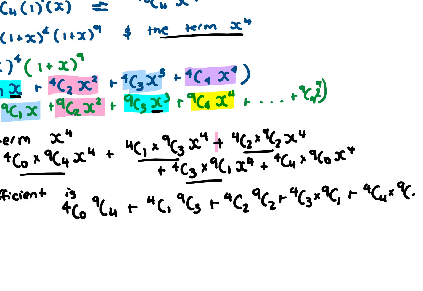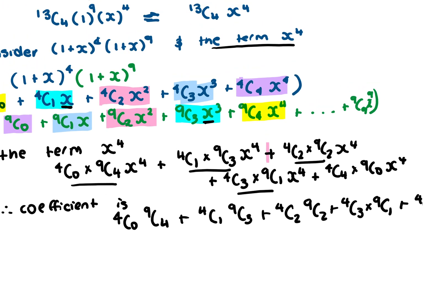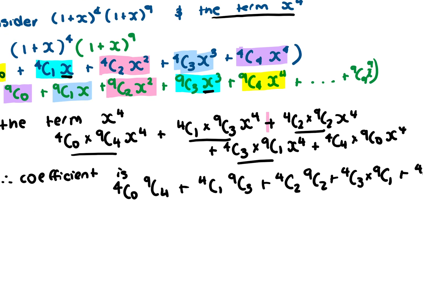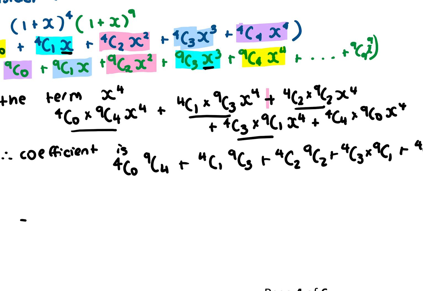That would be the coefficient of x to the 4 on the left-hand side. And the coefficient on the right-hand side is 13C4. In order for those to be equal, their coefficients must be equal. So if I equate the coefficients on both sides, I will have exactly what I needed.